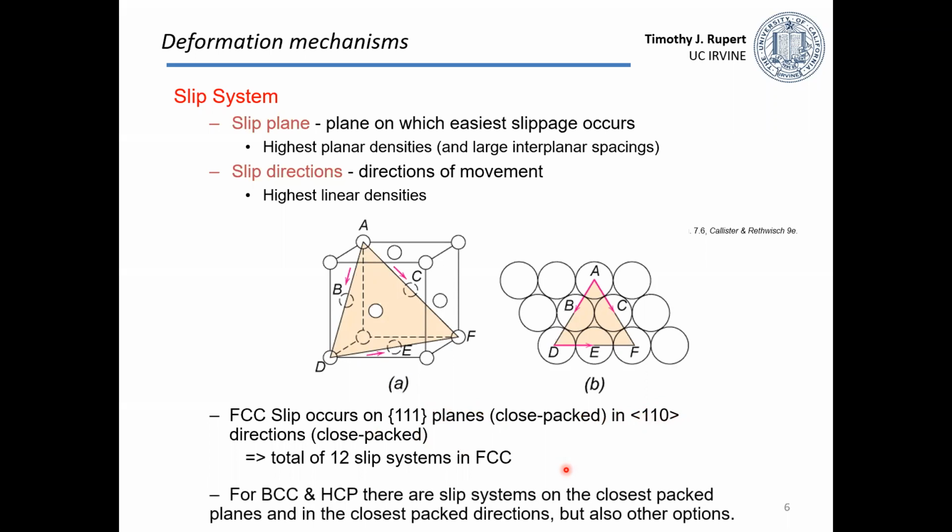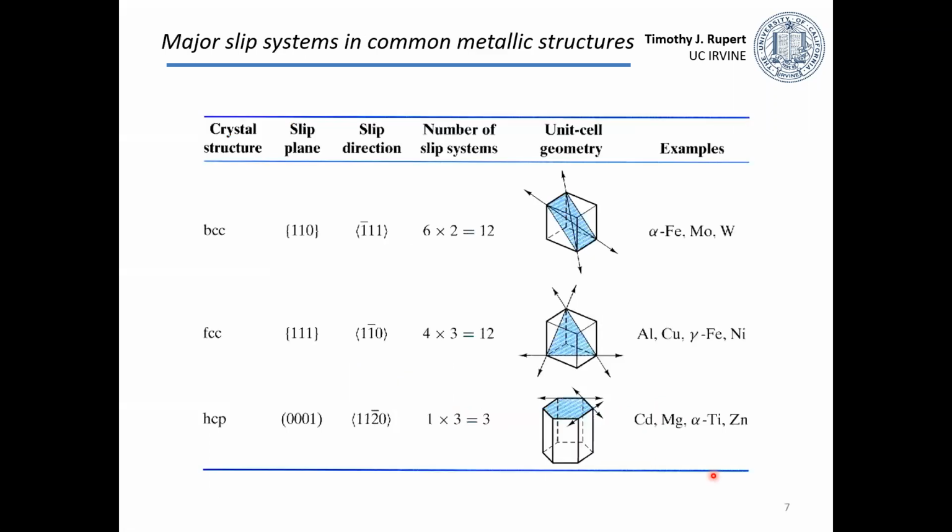So in some of the other materials, we talked about things like body-centered cubic and hexagonal close packed. The slip systems are similar. They're going to be on the closest packed directions and on the closest packed planes, but there will be some other options too. So quickly, I want to show you this table showing the different slip directions in these different crystal structures.